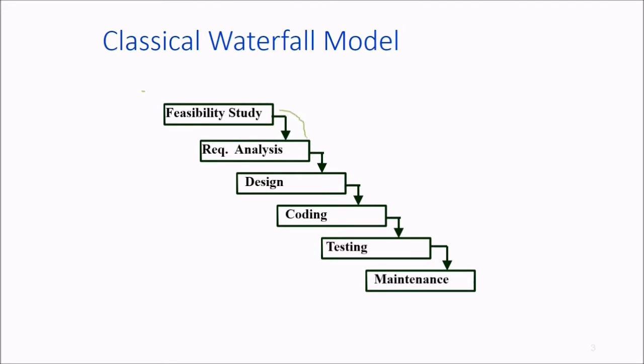So water is falling like this, and water cannot go back because of gravity. This shows that the requirement analysis cannot be redone. If we are on the design phase, requirement analysis is done once for all.